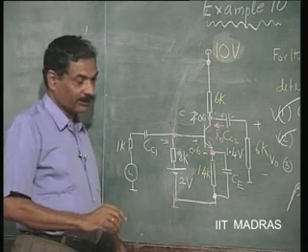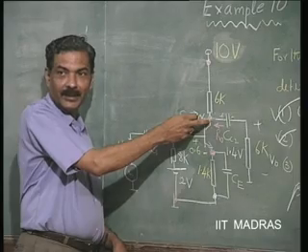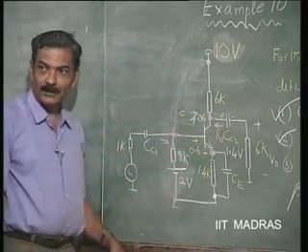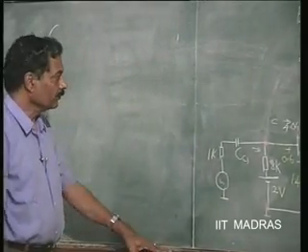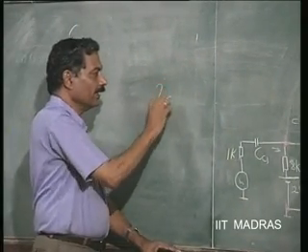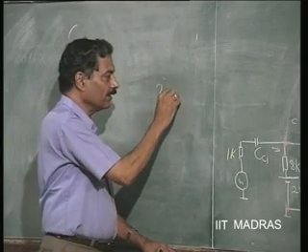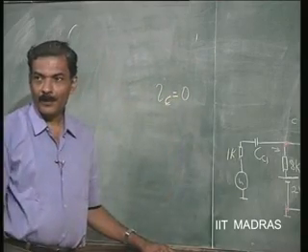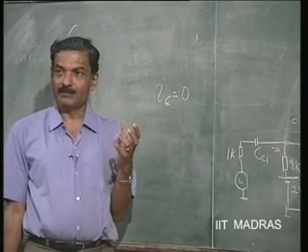Now, I am asking you a question as to when will this go to saturation and when will it go to cutoff. So, this is some question that you have to answer. How do we answer this? We know cutoff is reached when IC becomes equal to 0, instantaneous value of current becomes equal to 0, which means the signal swing in collector current becomes equal to ICQ.